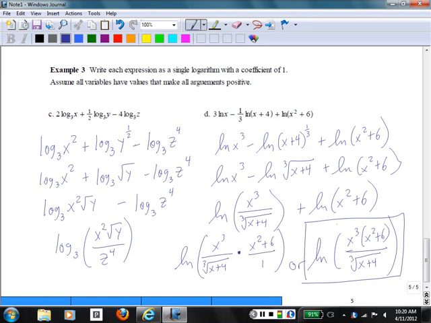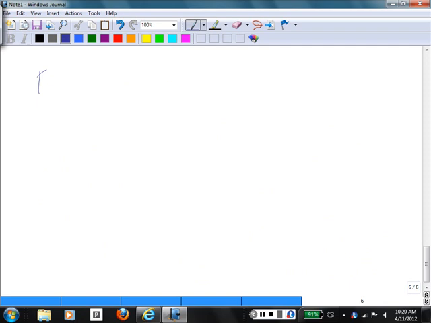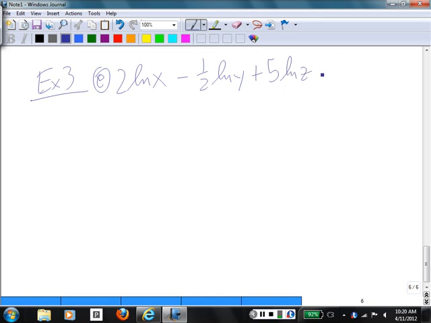So there's no e part, but suppose there was, and it said example 3e, natural log, actually 2 times the natural log of x minus 1/2 times the natural log of y plus 5 times the natural log of z minus 1/3 times the natural log of w.